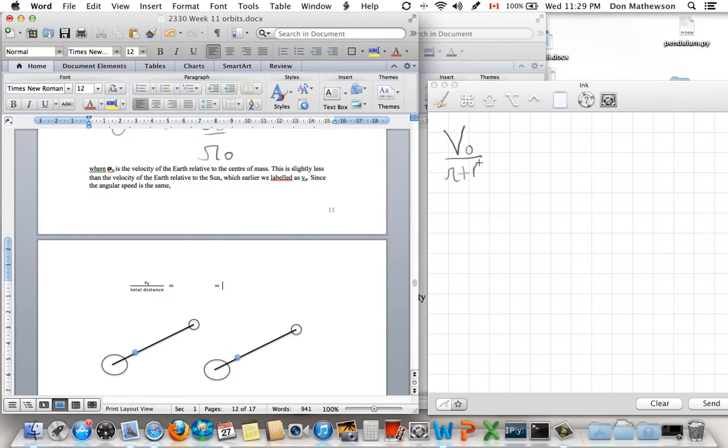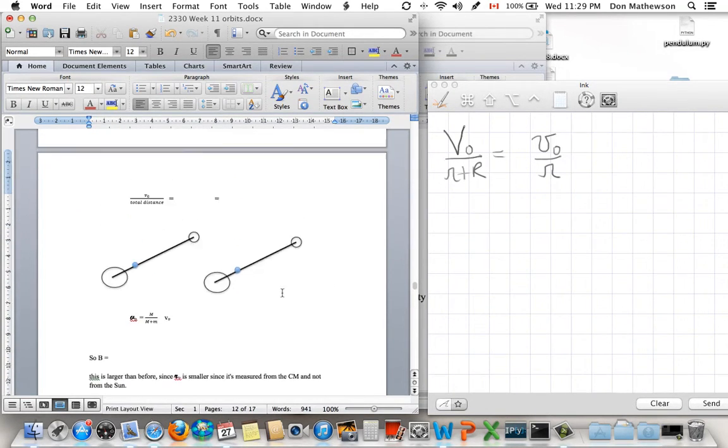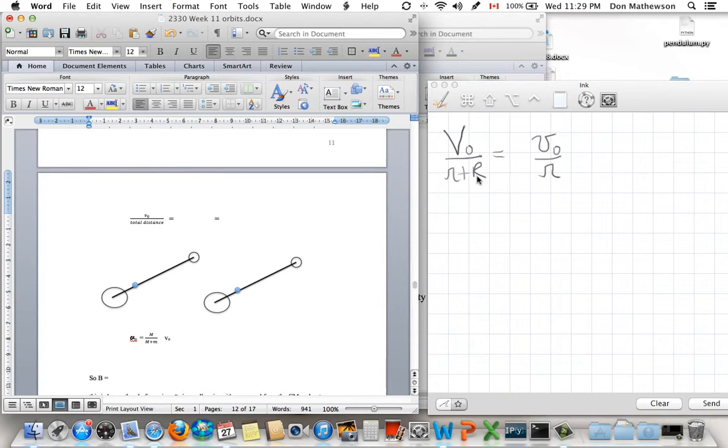So this over the total distance will equal this value of the Earth's speed relative to the center of mass divided by r. Now, we can again eliminate big R there. Okay, I'm about to do that. Because, of course, big R is little m script r over big M.